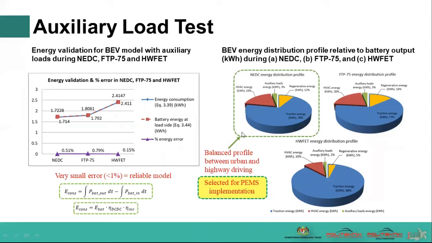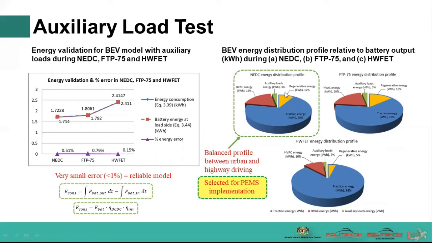Okay, we have two findings here during the auxiliary load test. The first one is the energy validation, which shows that the model is a reliable model with a very small error, which is less than 1%.